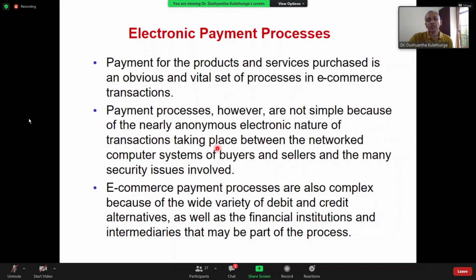Now you are not basically interacting with parties who you know. So you utilize electronic communication means to communicate with a party which you do not know. So therefore, there is always a risk involved in these communications, in the payment that you make, because you are making a payment to an unknown party.